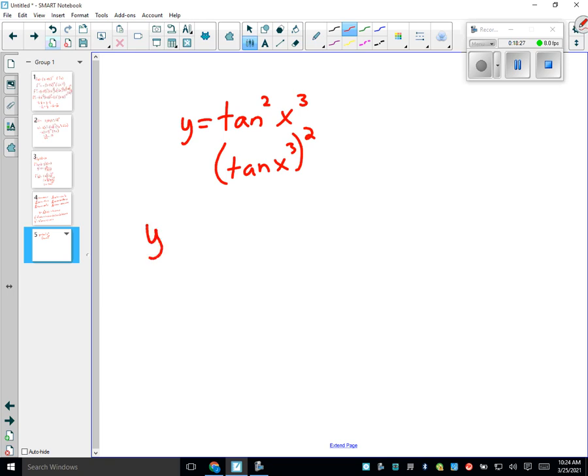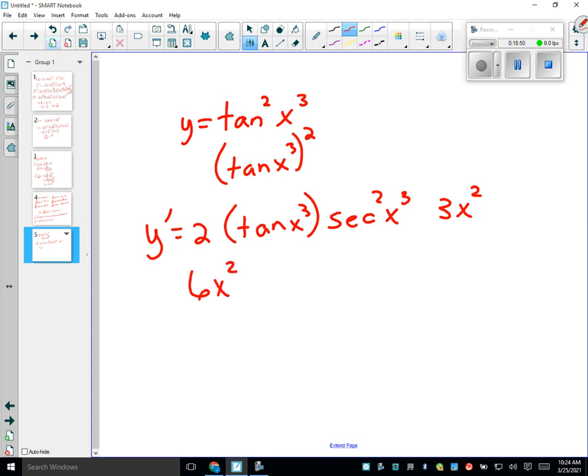So y prime is 2 times tan x cubed. What's the derivative of tan? Secant squared x cubed, times 3x squared. Right? Okay, which is 6x squared tan x cubed secant squared x cubed.